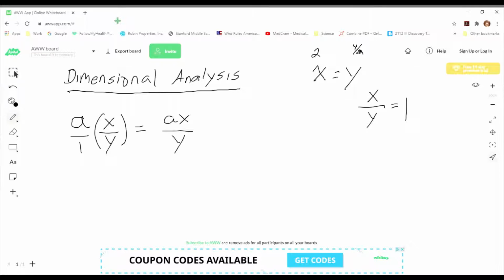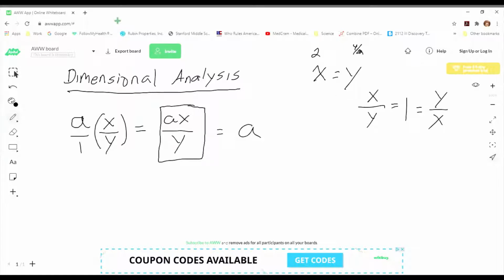Okay. So this expression here, a times x over y, is the same thing as a. It just looks different, but it's the same thing. And since x over y is equal to 1, and the reciprocal of 1 is 1, then we can also say that not only is x over y equal to 1, but y over x is also equal to 1.